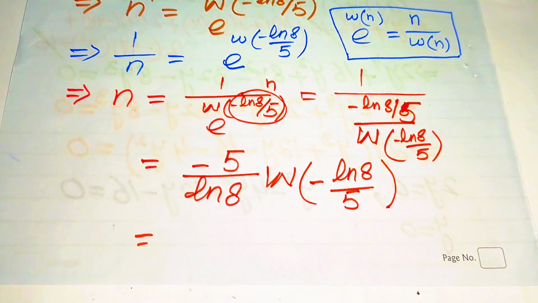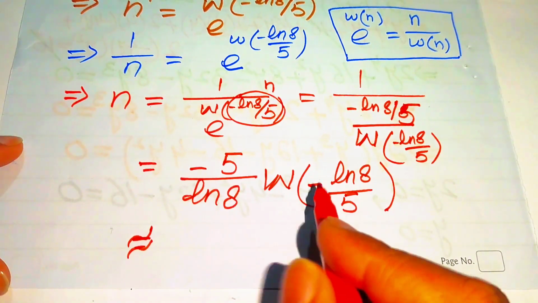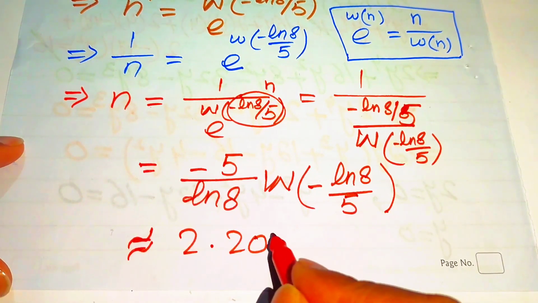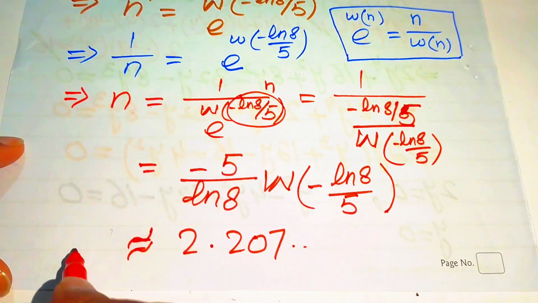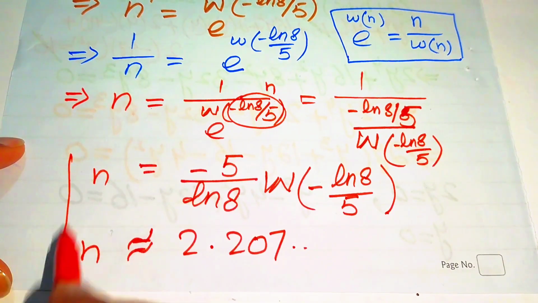Here you use Wolfram Alpha. After using Wolfram Alpha, you will get the approximate value of this function, which is 2.207 and so on. This is our final answer to this question.